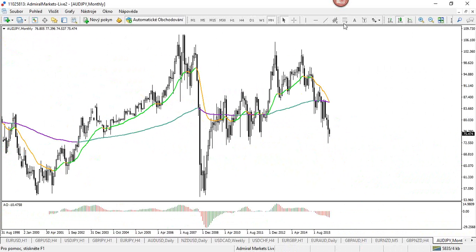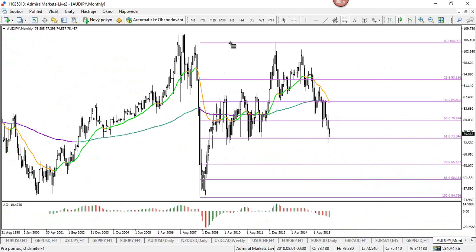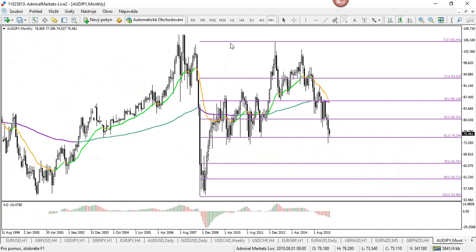So from that perspective, price could bounce at these fibs, the same as the dollar yen, 61.8 fib. Support levels, that could be a bouncing spot. This is a downside correction probably too.